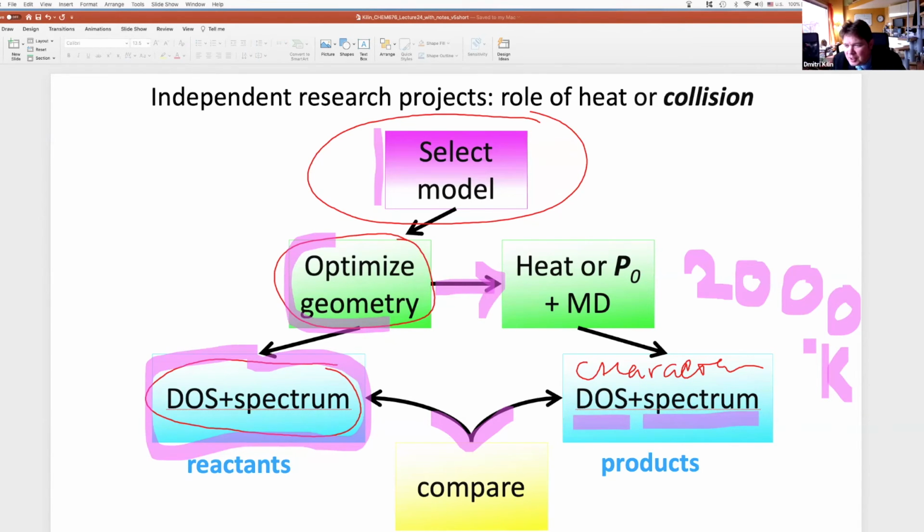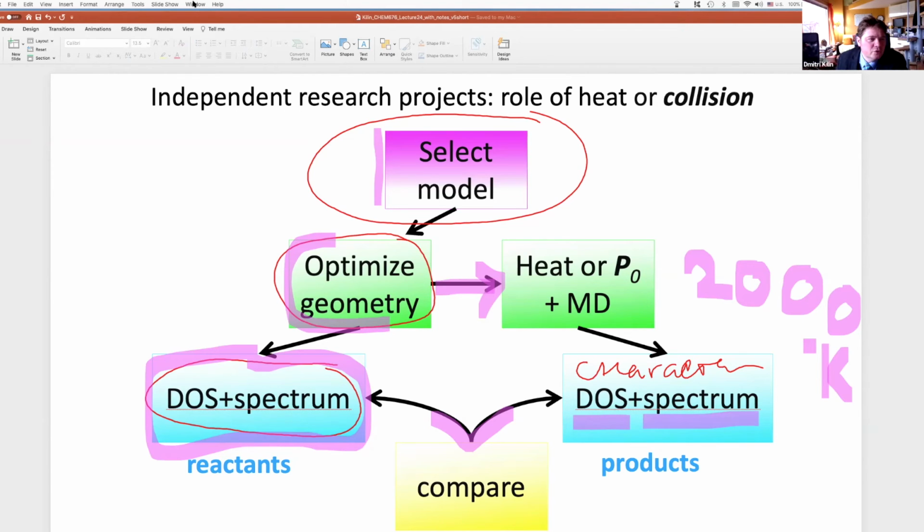So I'm trying to bring some very common suggestion. If you do not know what to do, if you didn't talk in person, then this may be a good starting point. If you completely have no idea what to do, this flow chart is like a backup plan for a research project.